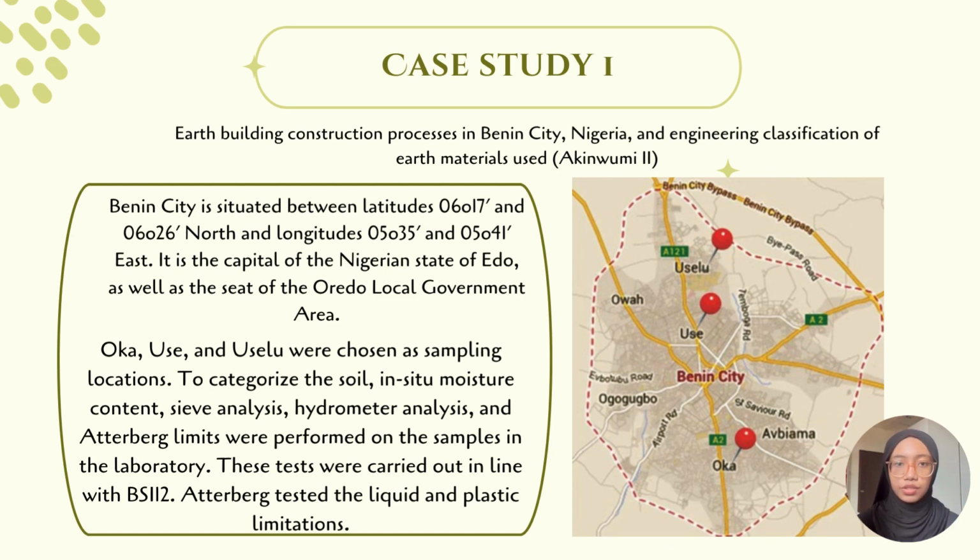Uka, Use, and Uselu were chosen as sampling locations. To categorize the soil, moisture content, sieve analysis, hydrometer analysis, and Atterberg limits were performed on the samples in the lab. These tests were carried out in line with the standard, testing the liquid and plastic limits.